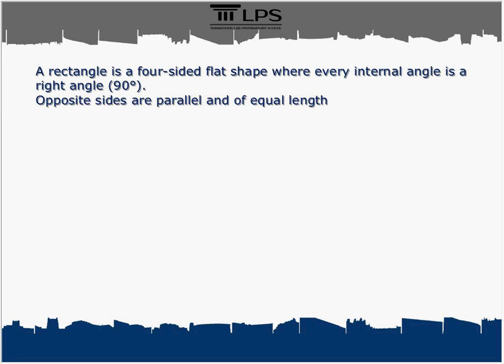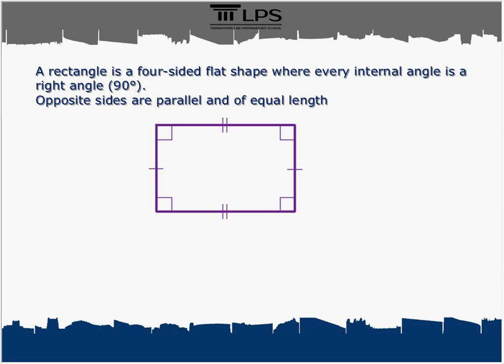Okay, I'm going to introduce you to another idea. It's a plane figure which is called a rectangle. A rectangle is a four-sided shape where every internal angle is a right angle, which is 90 degrees, with opposite sides parallel, and a length and width. This is what the area of the rectangle is. The area of the rectangle is length times width.